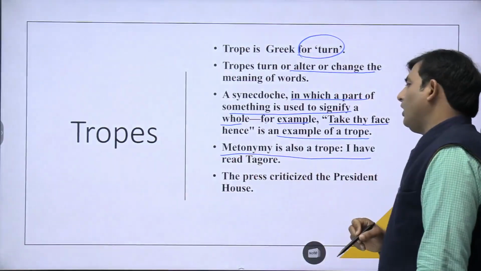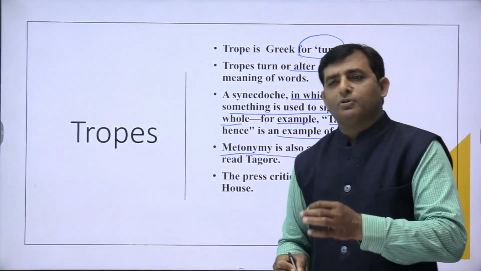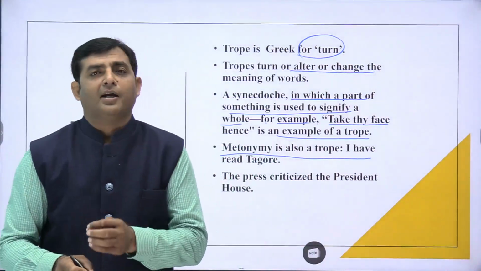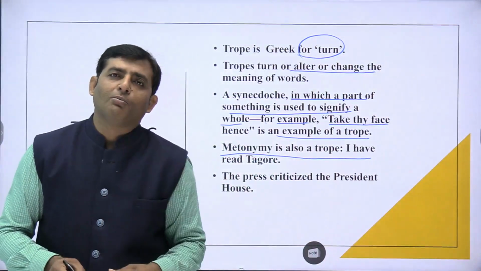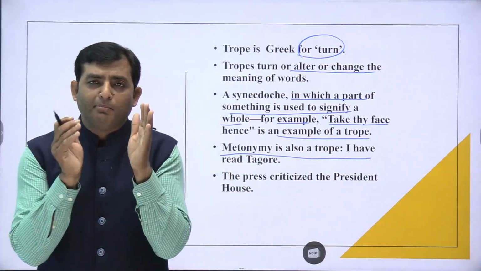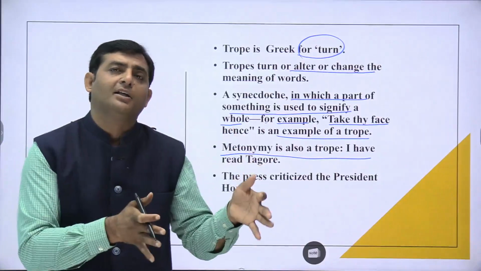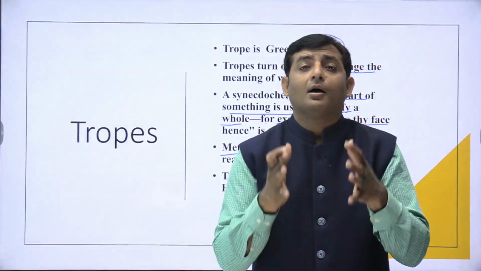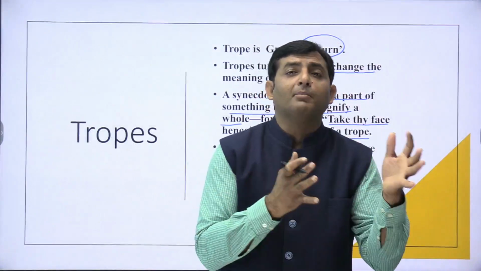Metonymy is also a trope. Suppose that you say, I have read Milton. Milton is no more and you cannot read Milton. Milton means the works of Milton: plays, poems, essays, articles, sonnets written by Milton.